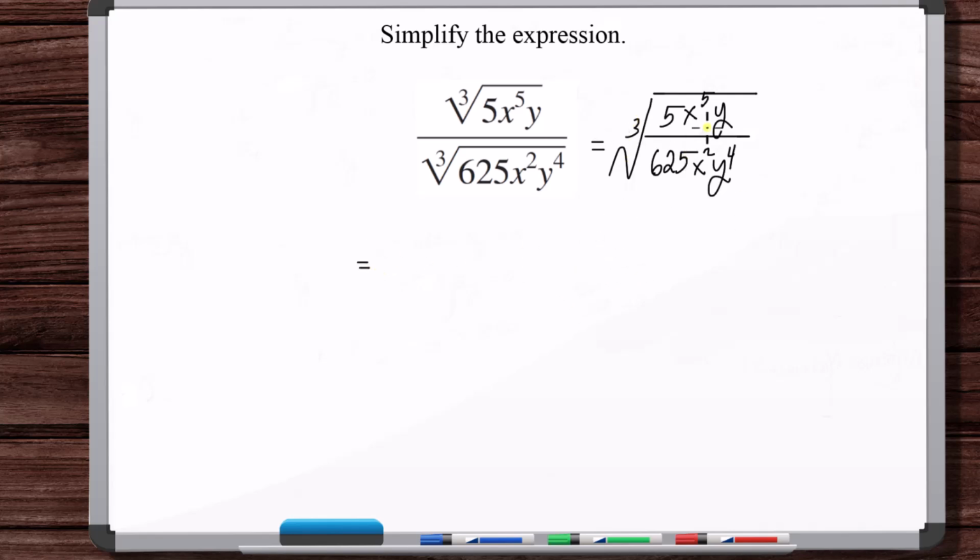Okay, so we've got, let's see, 625 divided by 5 is going to be 125, I believe.